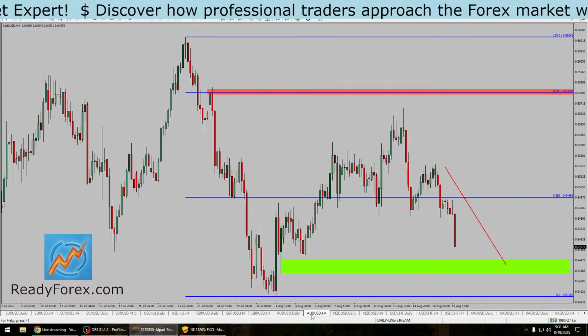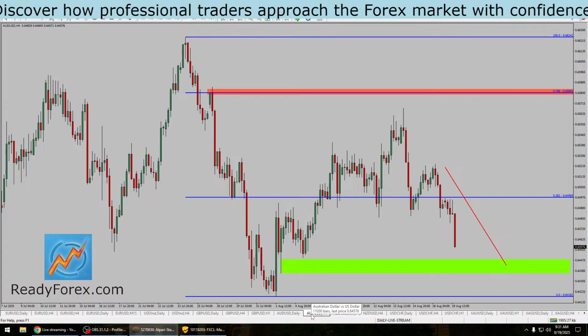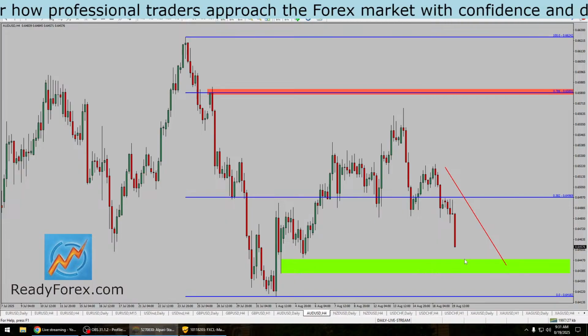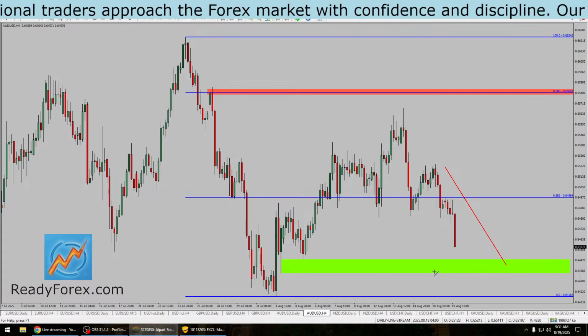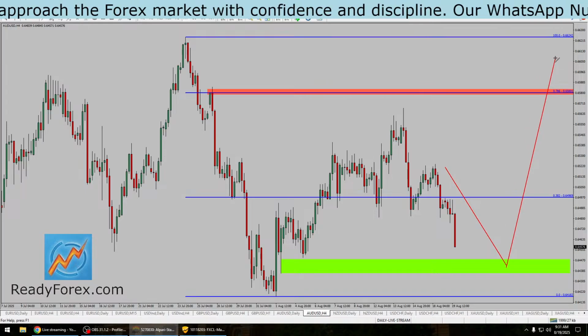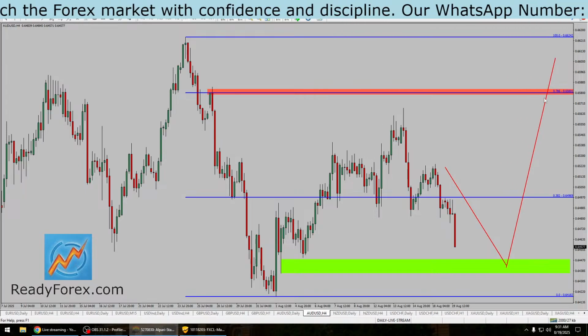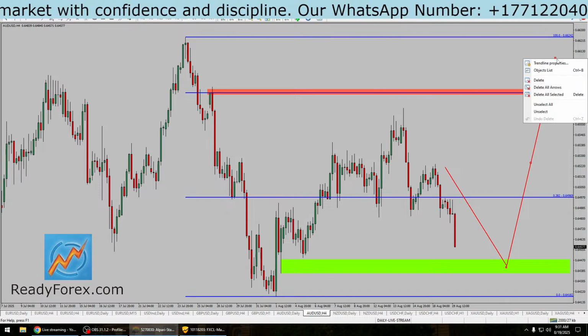Same goes with the Aussie dollar, the AUDUSD. I'm waiting for the price action to hit this buy zone over here, and once the market hits this level, then I expect some sort of a bullish reaction. If I do get a bullish reaction down over here, then I'm interested in a buy trade.